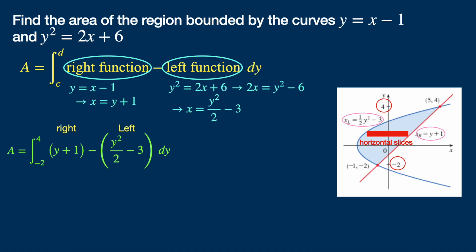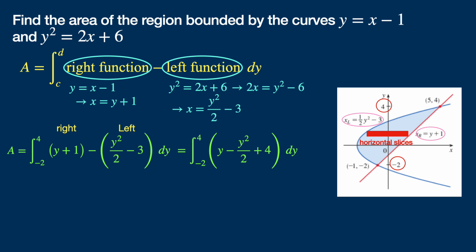The horizontal slice is dy. So we find the definite integral. The integrand is y plus 1 minus y squared over 2 plus 3, which is 4. So we have the integral of y minus y squared over 2 plus 4 dy.